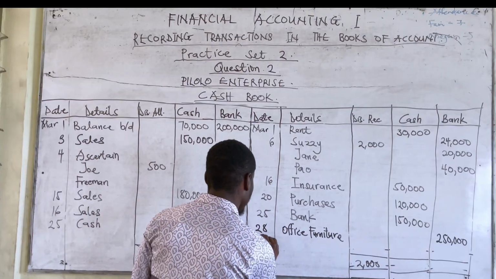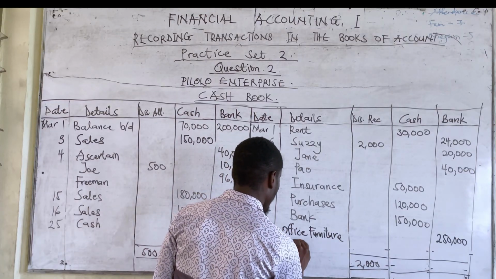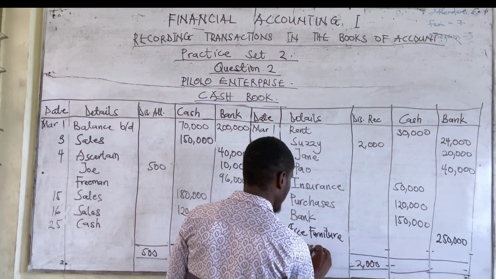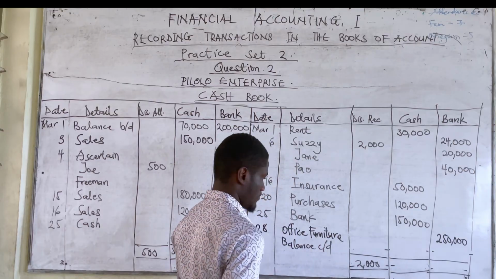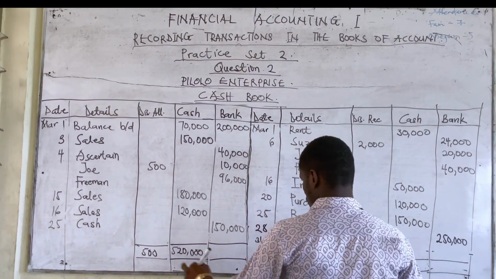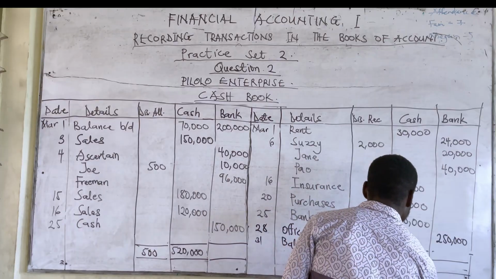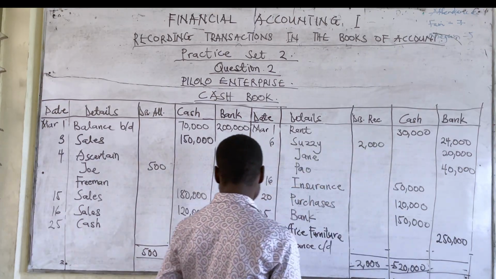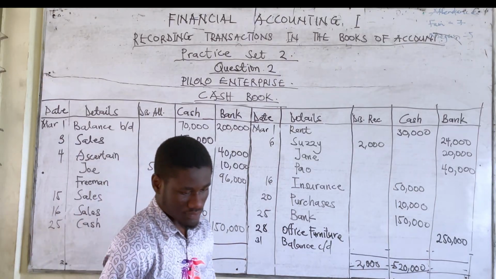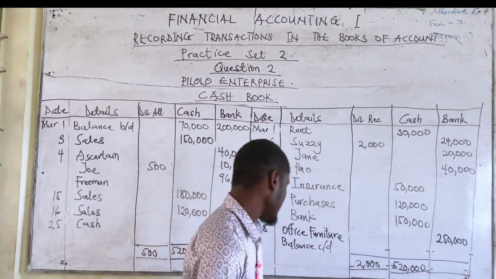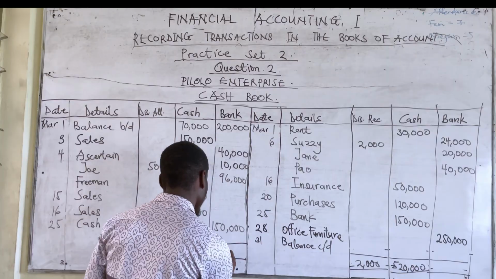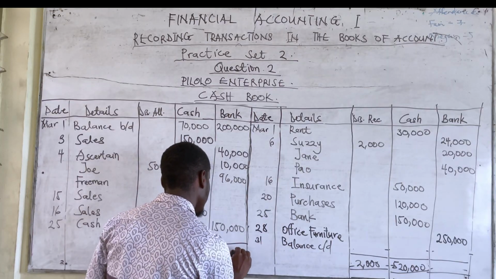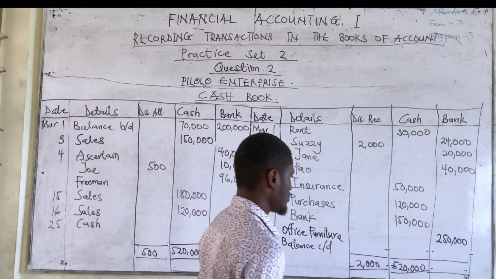Good. So here, 31st, balance CD. So we are repeating the totals at both sides, 520,000. Then the bank amount here too, 496,000. Good.